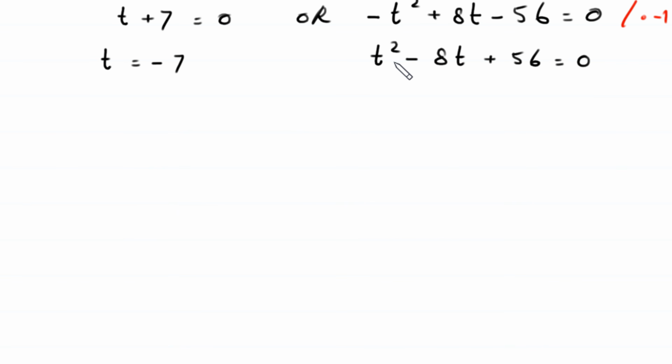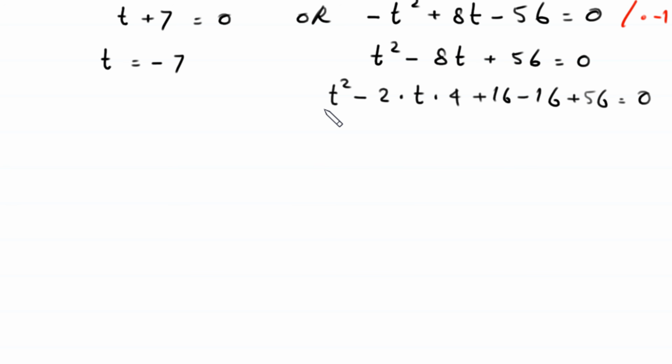Now this is not factorable, so we solve it by completing the square. We write this t^2, and this negative 8t can be written as negative 2 times t times 4. To complete the square we add here 16 and we subtract 16, plus 56 = 0.